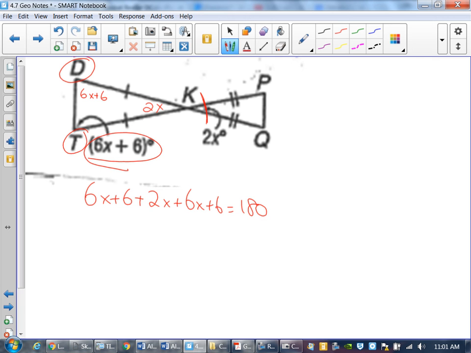You saw a bow tie right away, which meant you had a vertical angle. You had an isosceles triangle because you had your tick marks, which meant you look at the base angles. So 6 plus 6 plus 2 is 14.